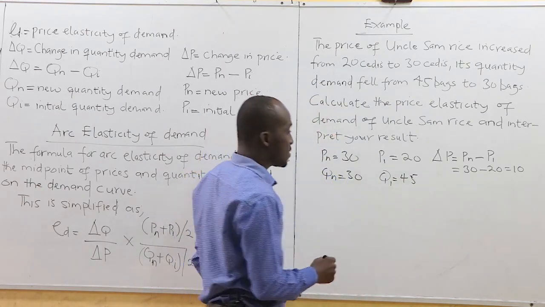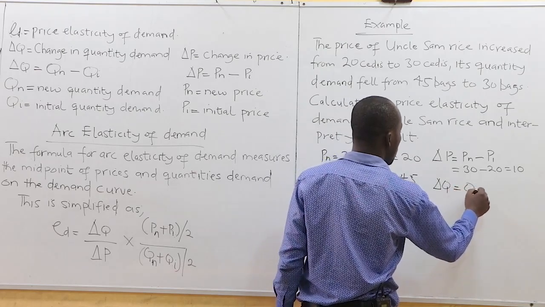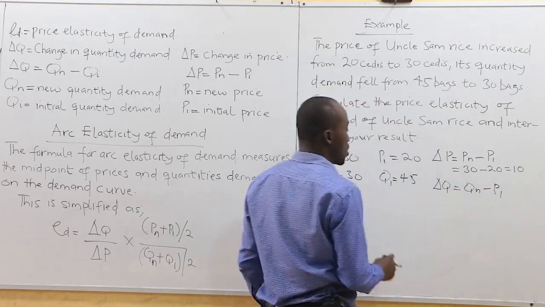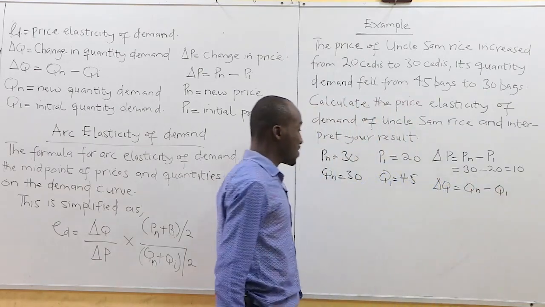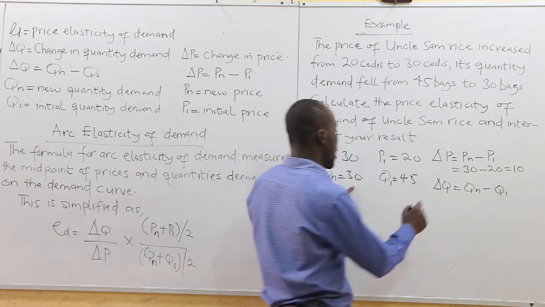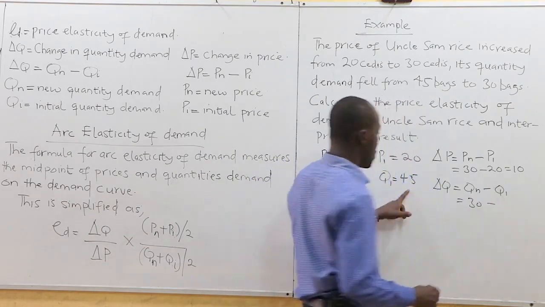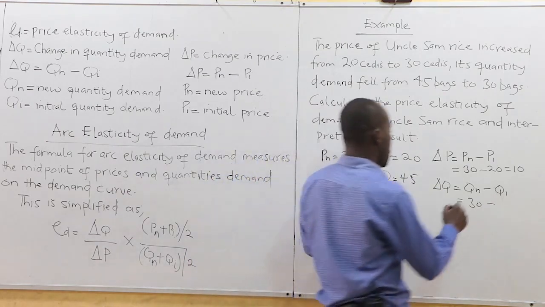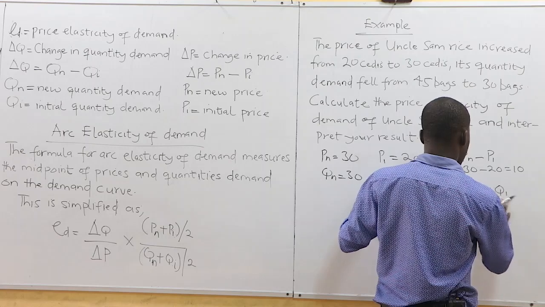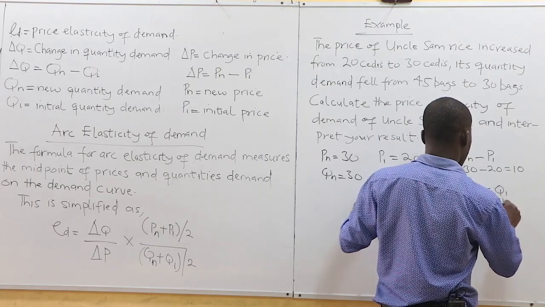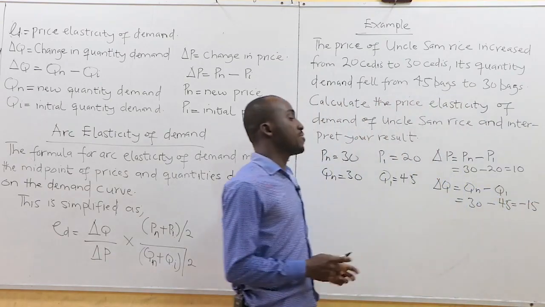So if you want to find the change, the change is equal to the new minus the initial. Very simple. What's the new one? 30 minus 45, basically negative 15, right?